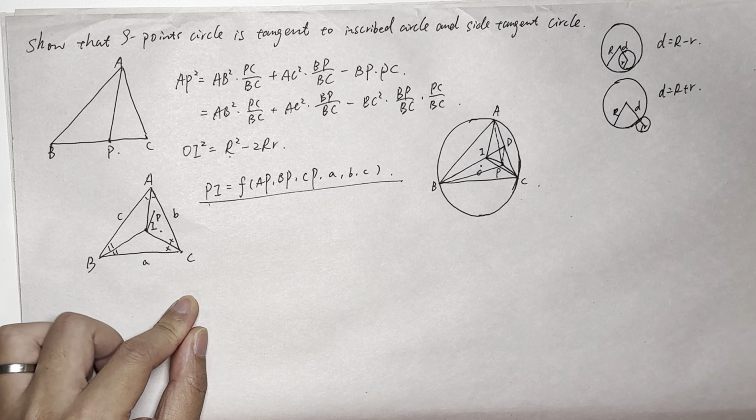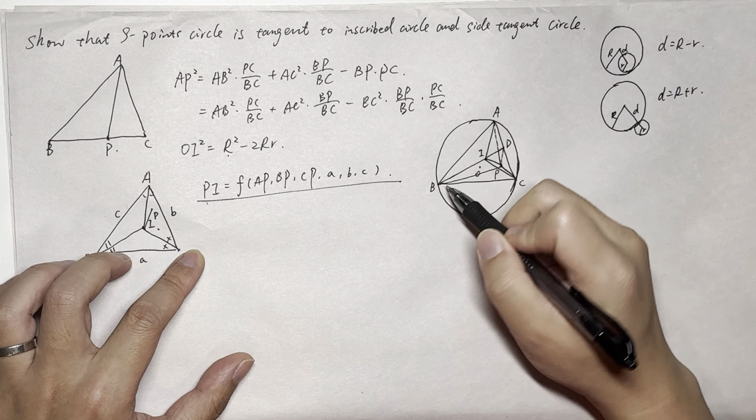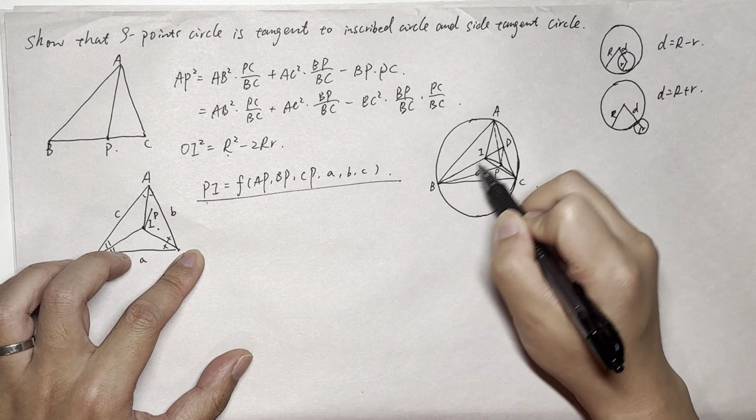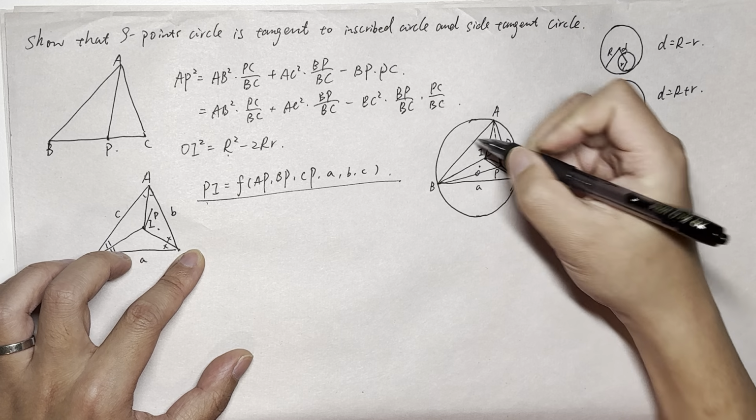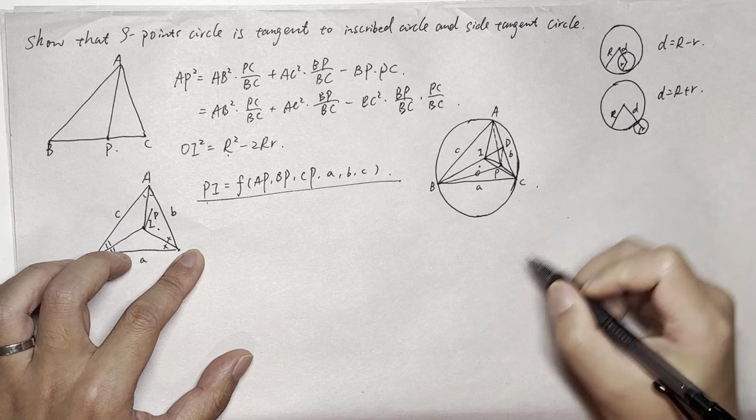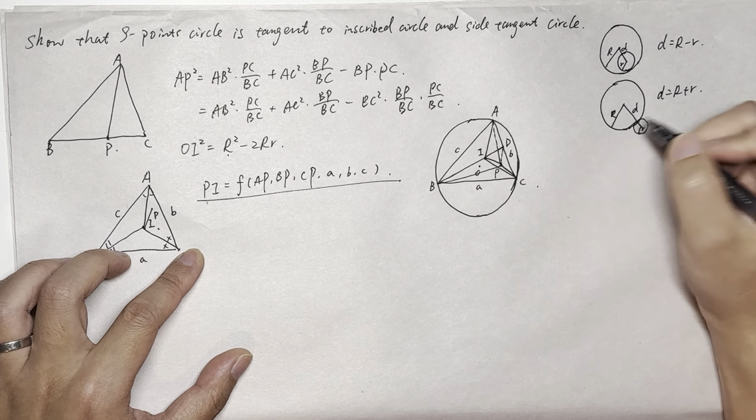I hope that is not very difficult to understand. So we extend BI. BI is the angle bisector of angle ABC, right? Intersect AC at D. So here is A, this is C, this is B. So we know that, because BD is the angle bisector of angle ABC, we have AB to BC equals AD to DC, right?